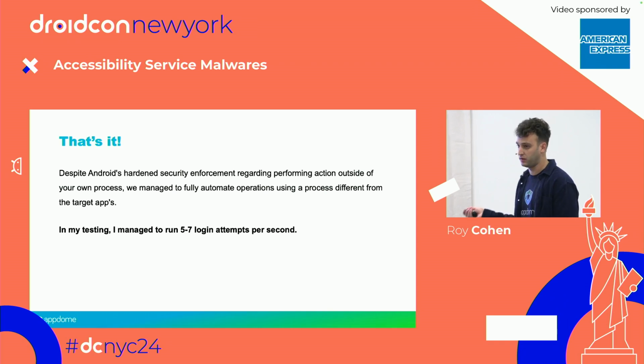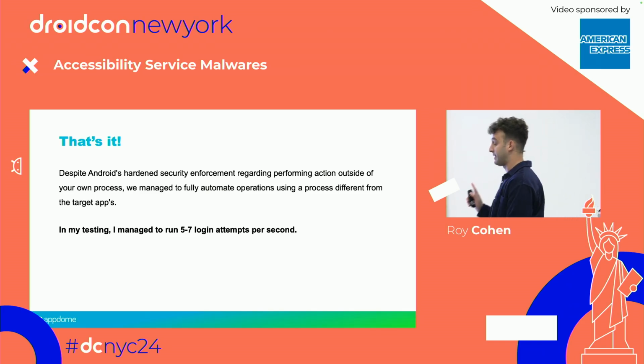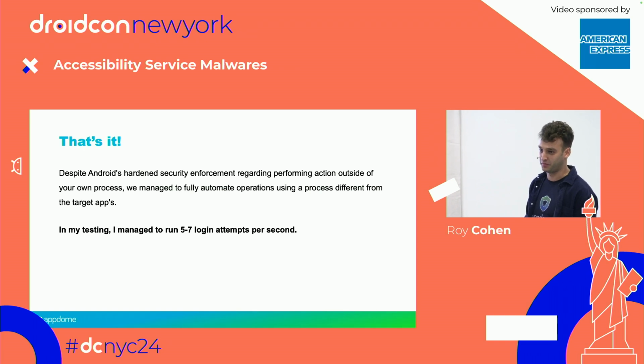When I was doing some testing a few years ago, when I developed one of those features for Abdom, I managed to run 5 to 7 login attempts per second. Now, think of 500,000 devices infected with this malware trying to attack your server. Not a very pleasant thing for the DevOps team, yeah?